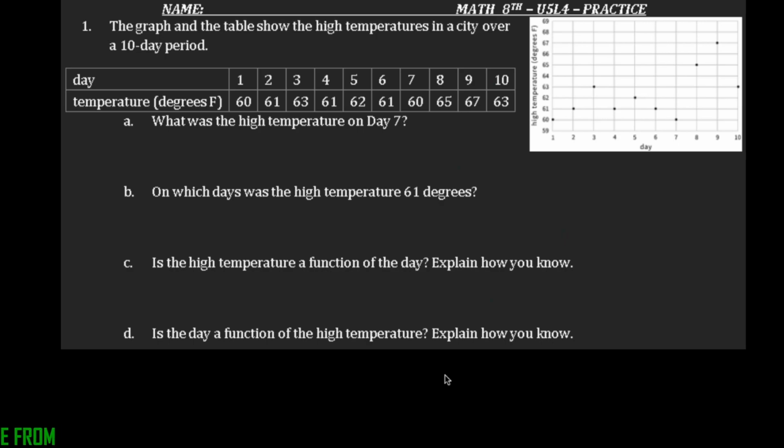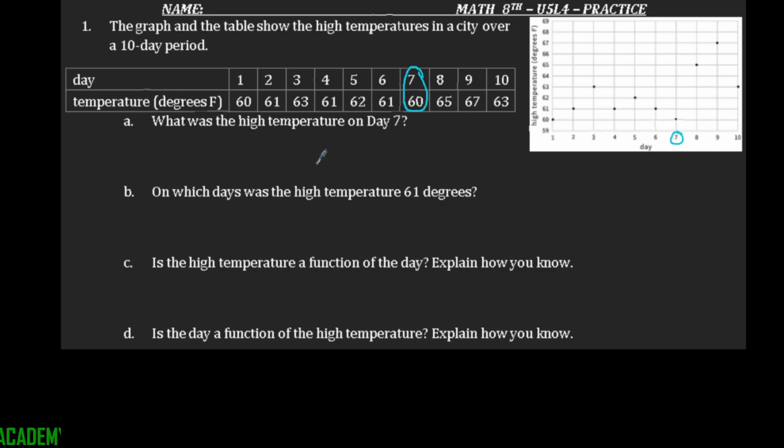It says the graph and the table show the high temperatures in a city over a 10-day period. And that says what was the high temperature on day 7. So let's find it out. So let's find day 7. So that's day 7. And so that's going to be 60. Or if you want to, you can use the table.